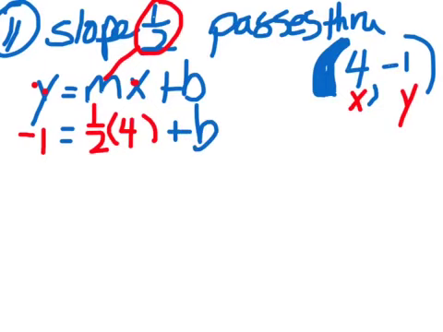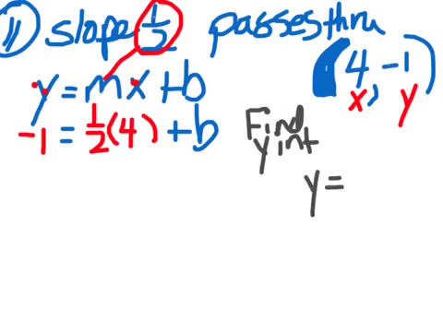The missing thing is exactly what I need to be able to write my equation. So I'm going to find the y-intercept here by plugging all this in. I'll solve for b, and then in a minute I'll go back and keep my x and my y. I'll keep my slope because that is the correct slope, but I'll just fill in this space right here, which is the b part.